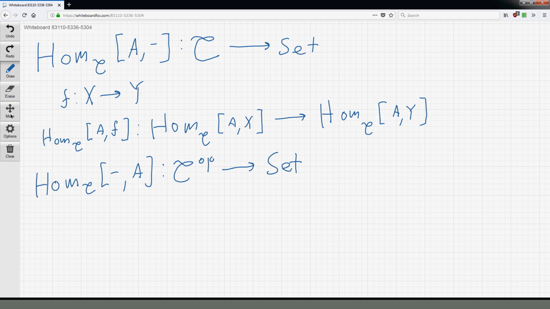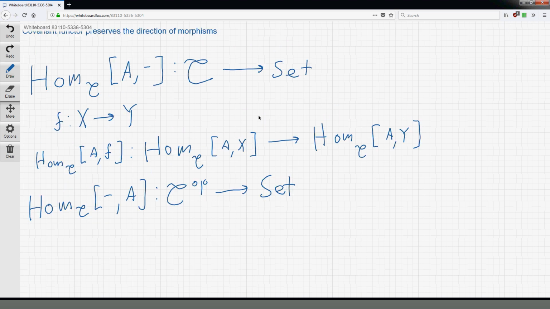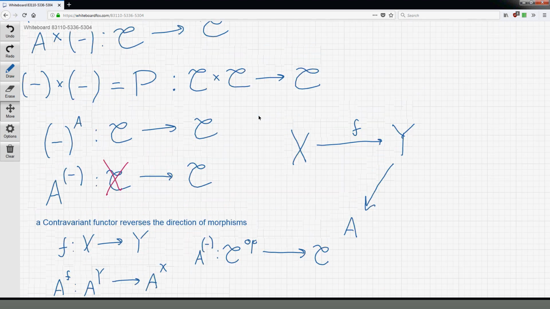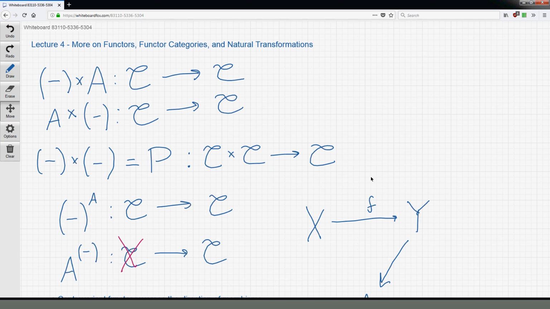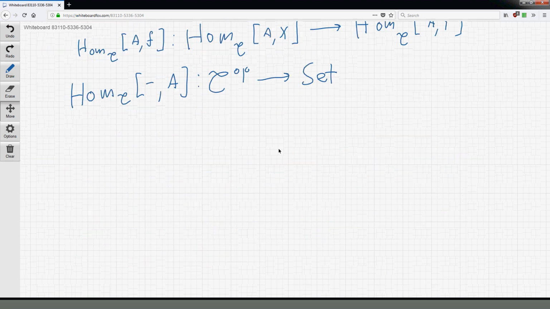But let's go back for just a second. Before we discuss functor categories and natural transformations, let's take a look at this product functor P. Right? I'll just draw it again down here.